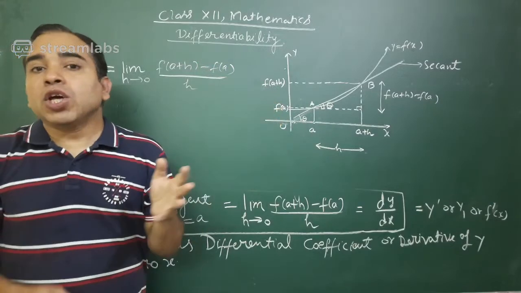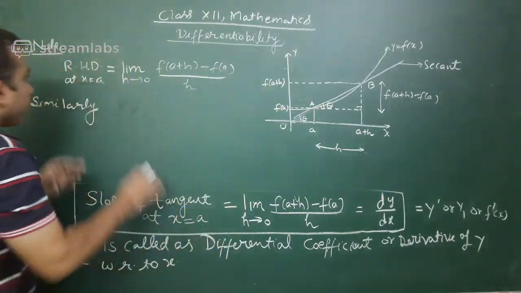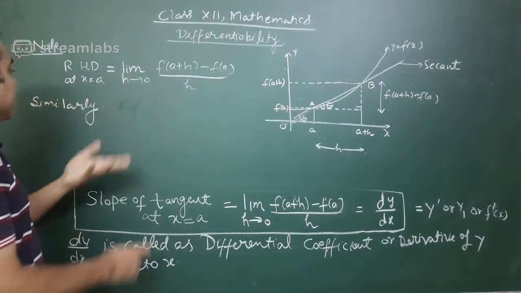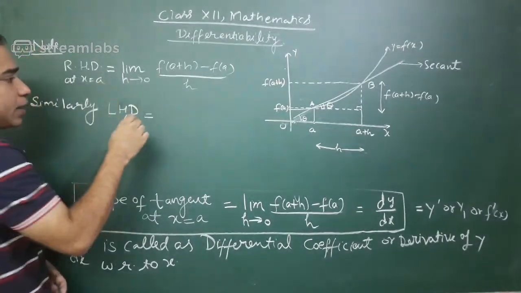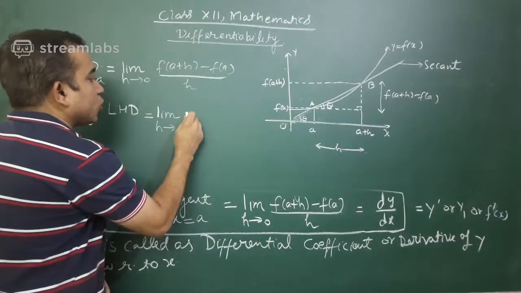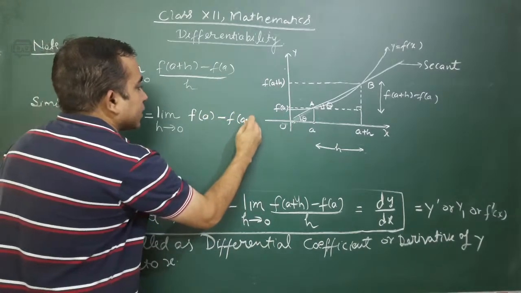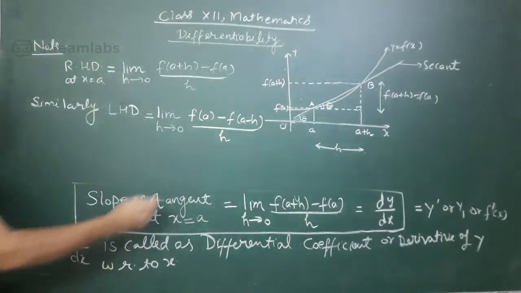The line may cut. But मैं उसको ले नहीं रहा हूं, मैं डायरेक्टली लिख रहा हूं कि if RHD means right hand derivative is this quantity, then the left hand derivative can also be written, right? And similar change will come. Limit h tends to 0, f(a) minus f(a minus h) whole upon h. This will come.